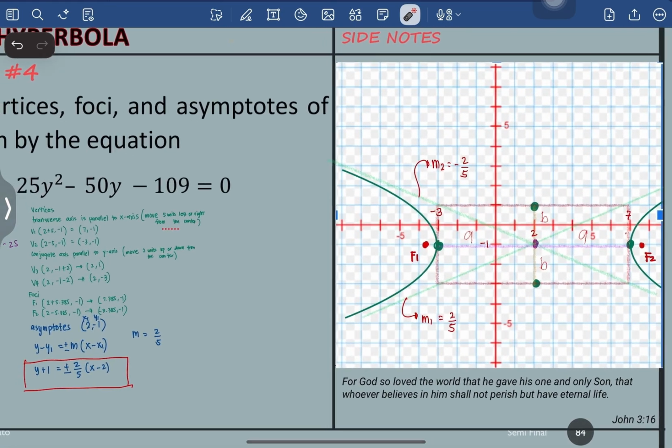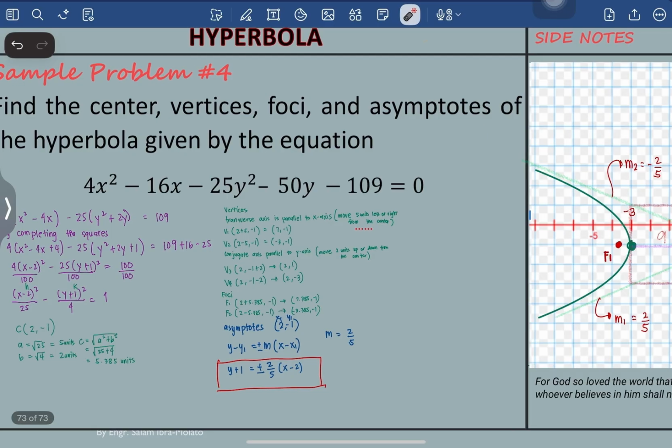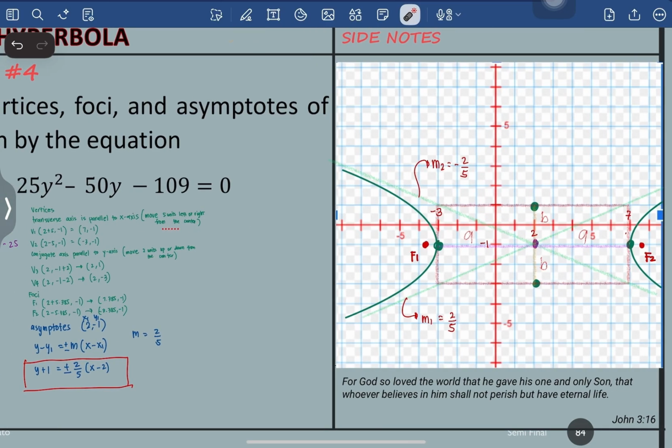So distance a is equal to 5 units away from the center. Then ito din 5 units away from the center going to the right. Then sa B naman, yung B natin 2 units away from the center going upward. Then from the center 2 units away din siya going downward.